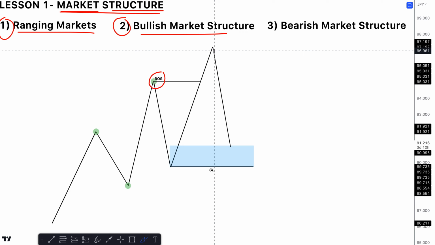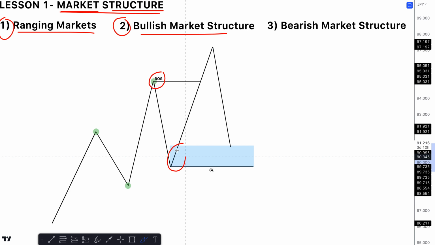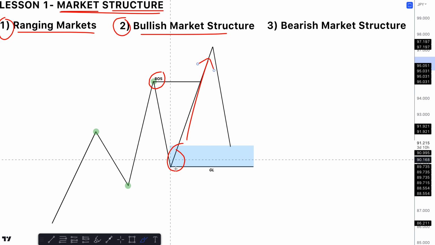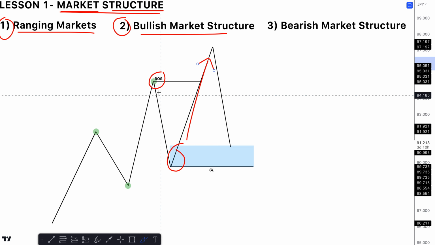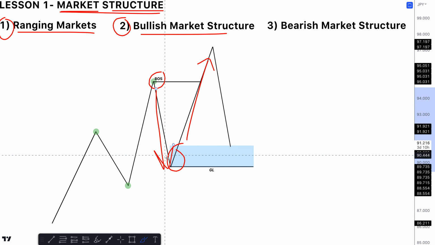And also, imagine this. Price comes, so institutions buy here and push price to the upside. In order for institutions to buy here, they have to sell into this market. So they sell into this market in order to create the liquidity to buy from this area here.